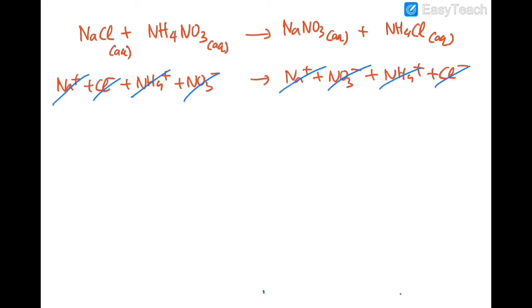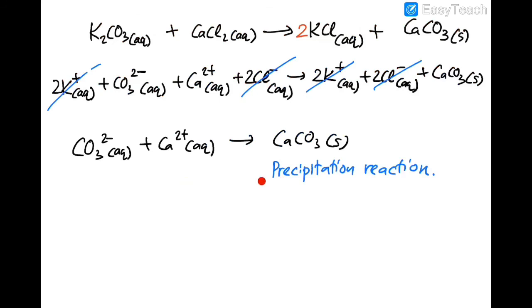So in this case, we say that there is no reaction occurring for the system because we cannot find the net ionic reaction, as all of the ions, whether cations or anions, they are all spectator ions. Okay? You can see the difference clearly for these types of reactions with these types of reactions.